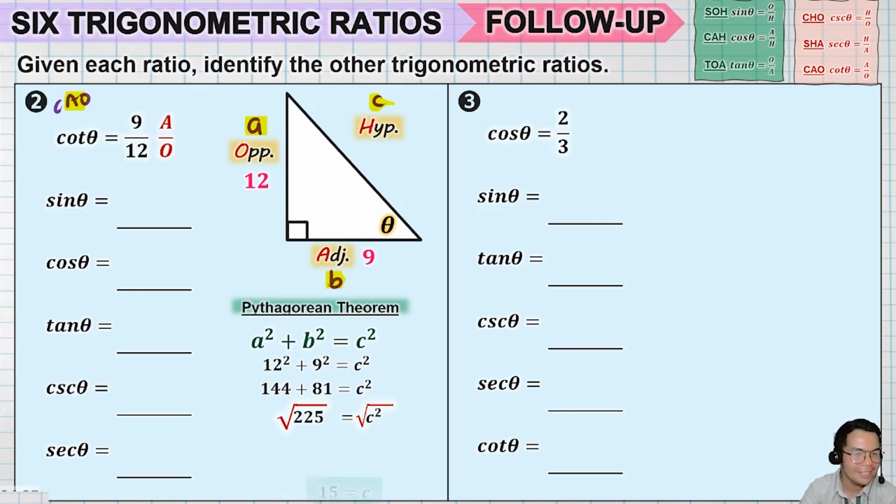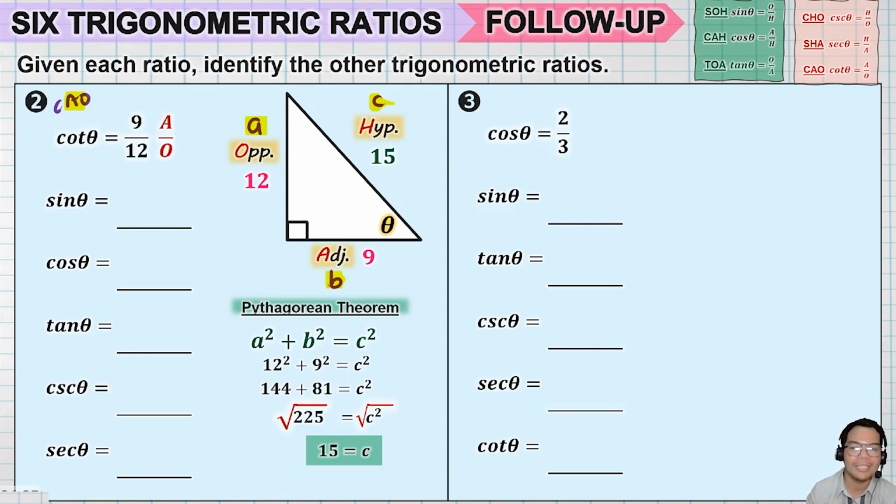Square root of 225, that's gonna be equal to 15. Therefore, our hypotenuse is equal to 15. Once you're already done completing the values of the sides of the right triangle, specifically the opposite side, the hypotenuse side, and the adjacent side, pwede mo nang kumpletuhin yung mga natitirang trigonometric ratio.